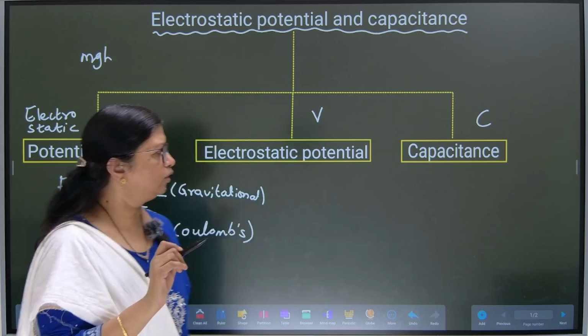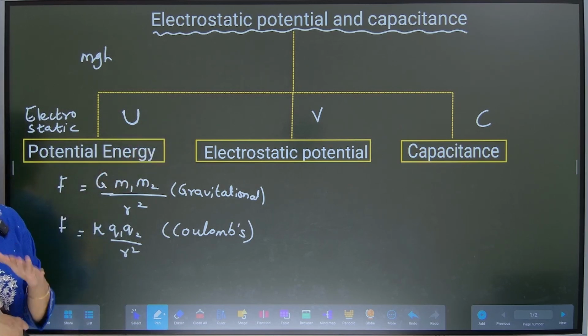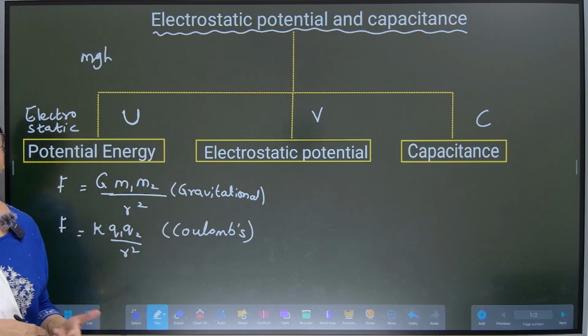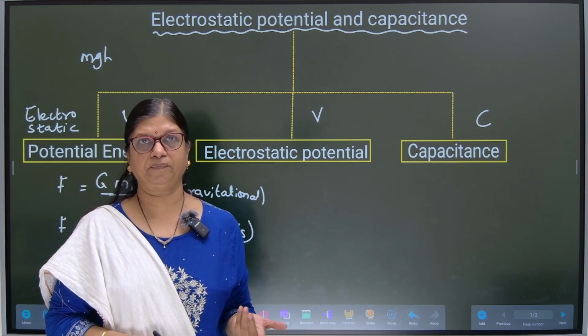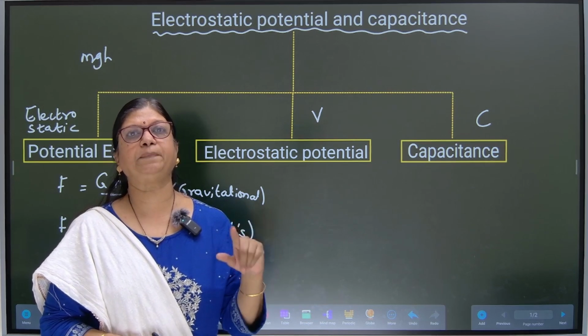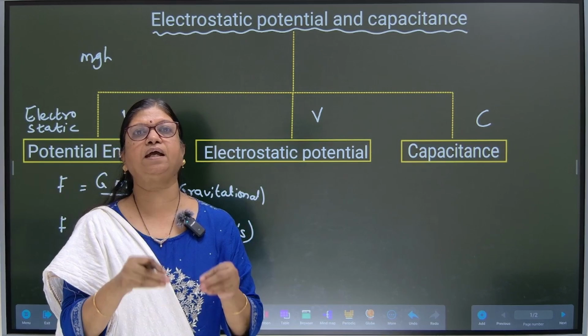Before that, you just take a screenshot of the comparison and what they are denoted by and the names. Very important, because the child does not understand the question itself, as these words are new to you: electrostatic potential energy, electrostatic potential, capacitance. These are new words which you have learned for the first time in your curriculum.